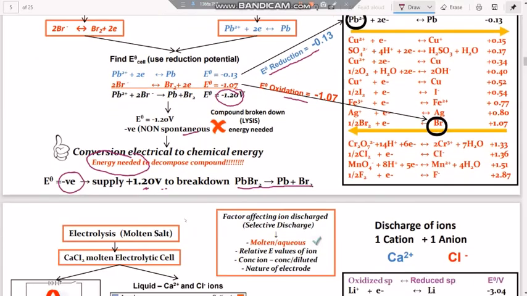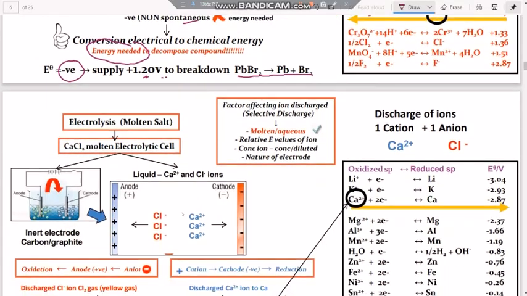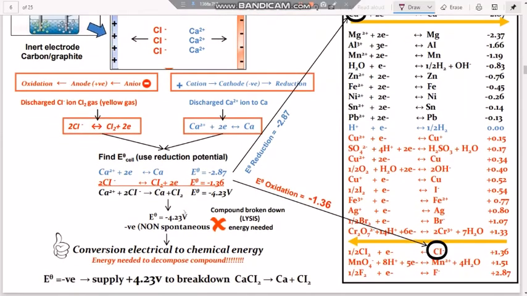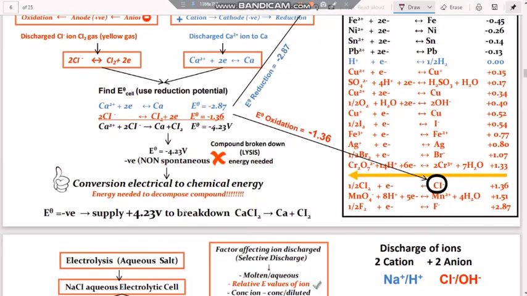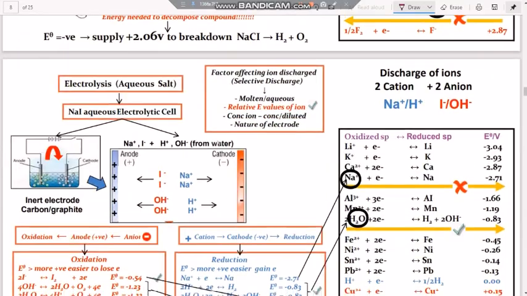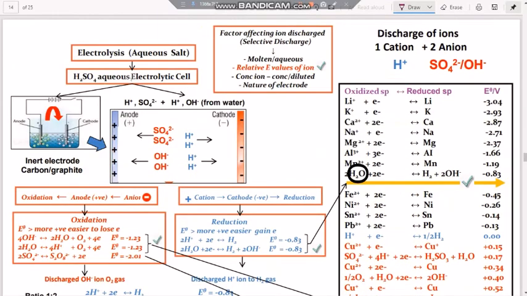Moving on to another thing. Now you see the electrolysis of an aqueous solution of sulfuric acid. In the electrolytic cell, the factor affecting is the relative E naught values of the ions.